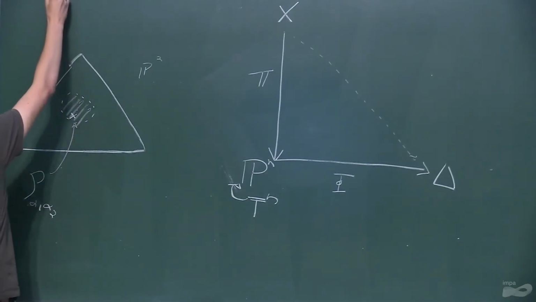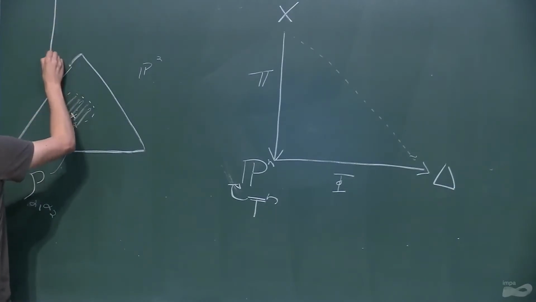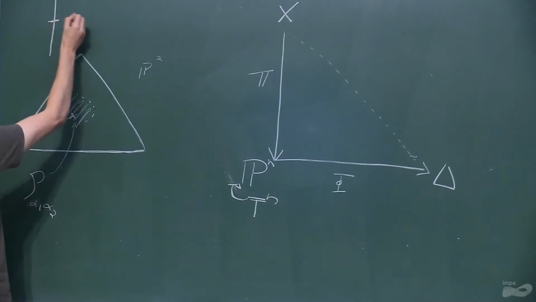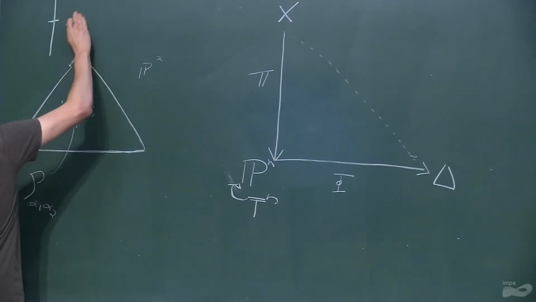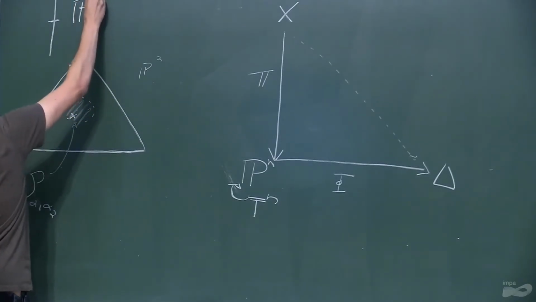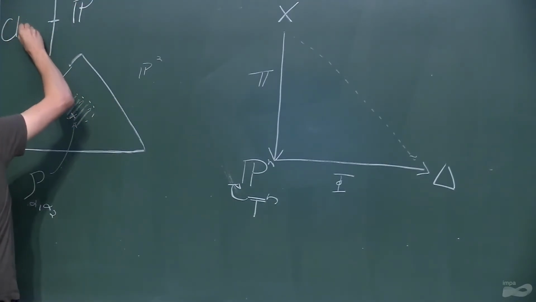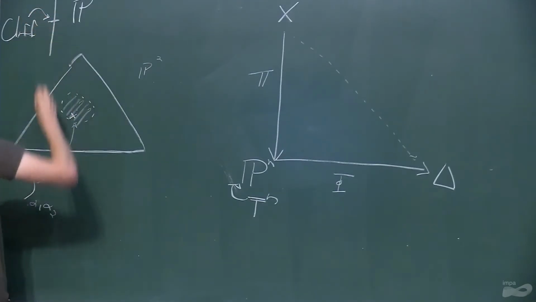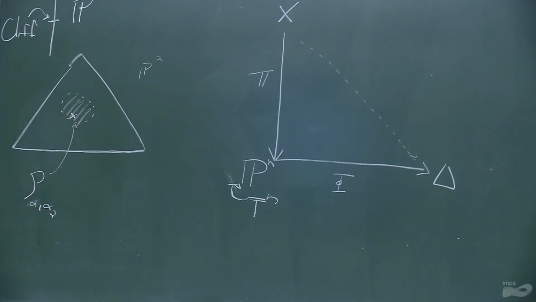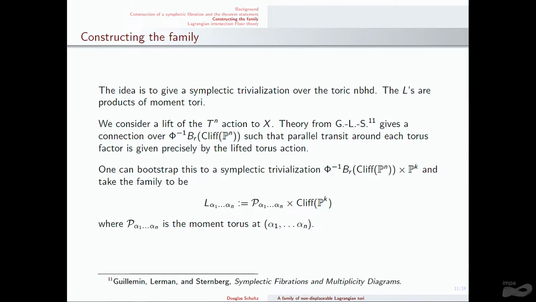I'm thinking P1 over P2 right now, and this is P1 in the fiber. And then this is Clifford. So basically taking a product of some moment torus nearby the Clifford torus and the Clifford torus in the fiber.